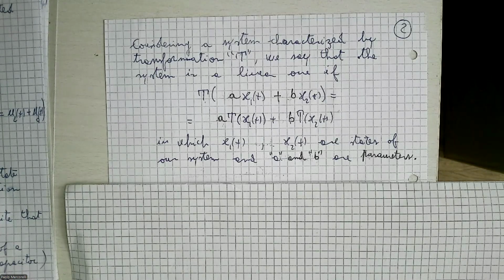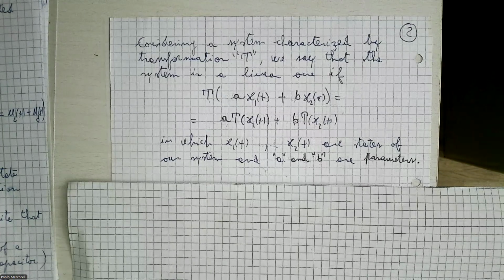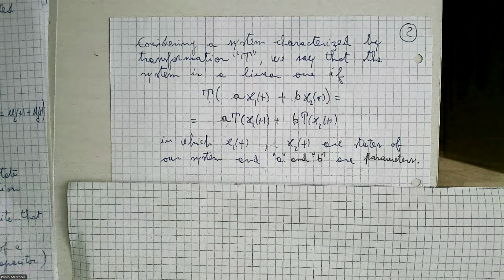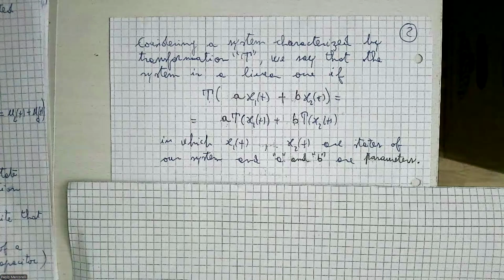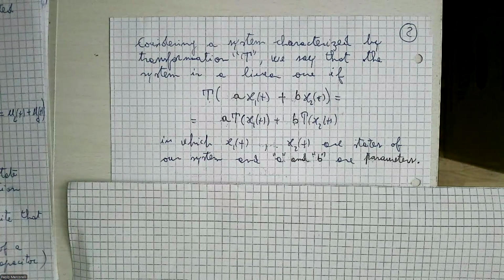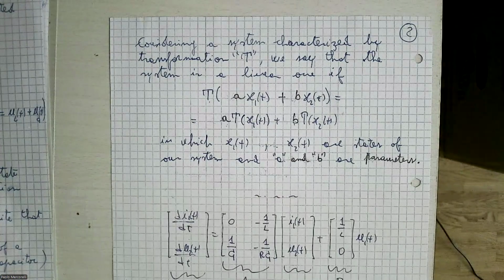Just to conclude a little bit, do you remember last time I told you if I have an element which is not linear, the friction for instance, here we don't have an example at this moment, this representation is not valid. Here I put again the definition of the linearity and so on. I don't want to insist on this. If you want, you can reconsider your lecture in math. And here is not new for us.